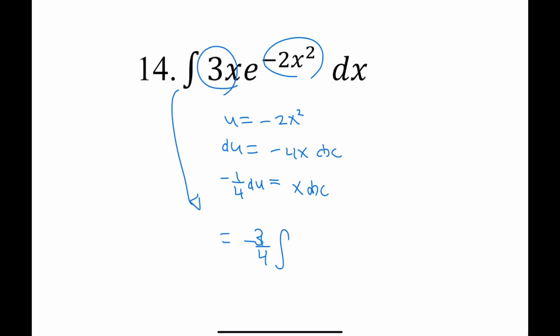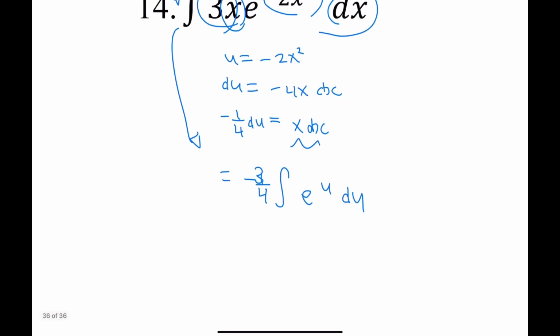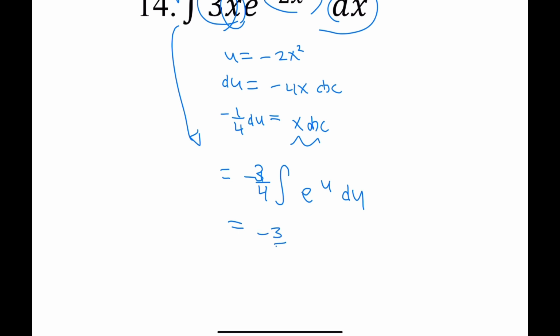We're going to send the 3 outside to match x dx inside, right? So we have negative 3/4 times e to the u and then du, right? That gives us negative 3/4 e to the u plus c, or negative 3/4 e to the negative 2x squared plus c. Okay, that's it.